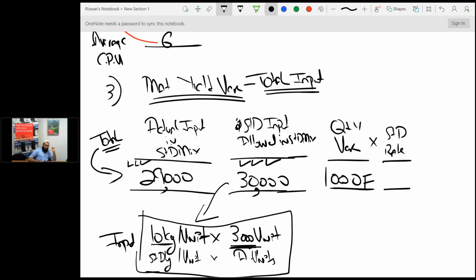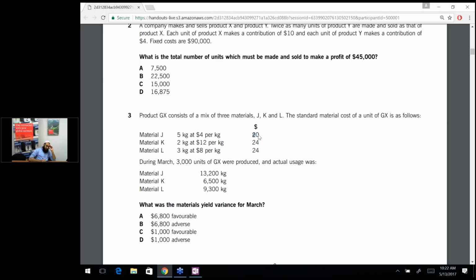Okay. Now the rate. This time, as we're not working individually, we need a combined average rate. So how will we calculate the combined average rate? The method is quite simple. 20 per unit for J, 24 per unit for K, and 24 per unit for L. If you add all three, this becomes 68, which means cost of material per unit is 68.